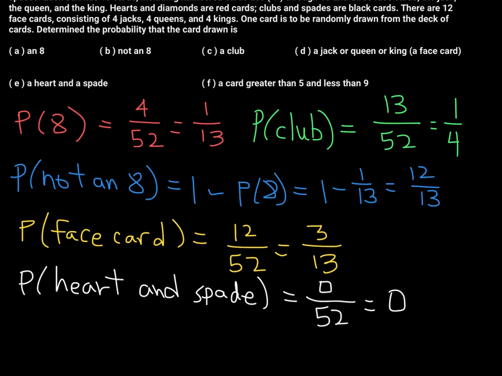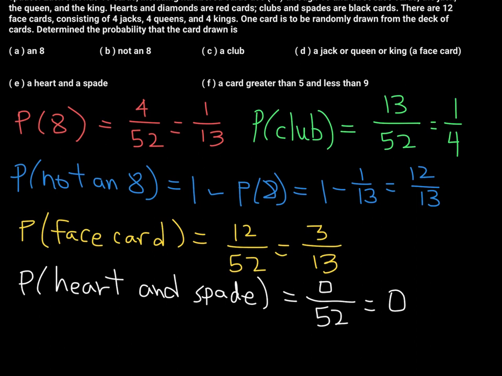All right, the last one. What's the probability that the card we choose at random is greater than 5 and less than 9? Now, the cards that are both greater than 5 and less than 9 are 6, 7, and 8. There are 4 different 6s: the 6 of hearts, clubs, diamonds, and spades.